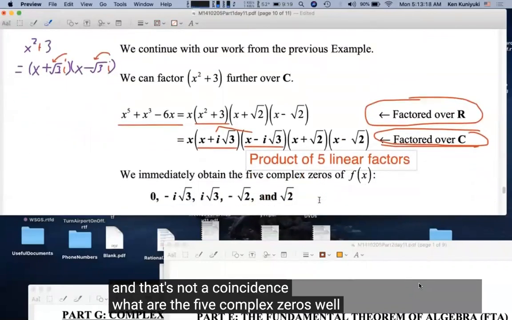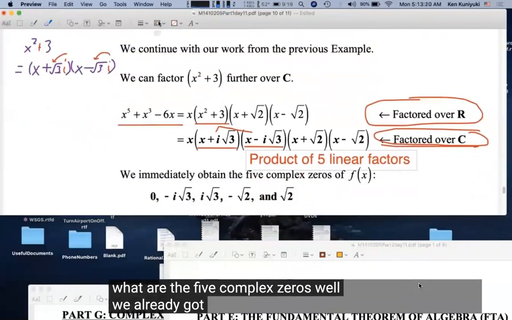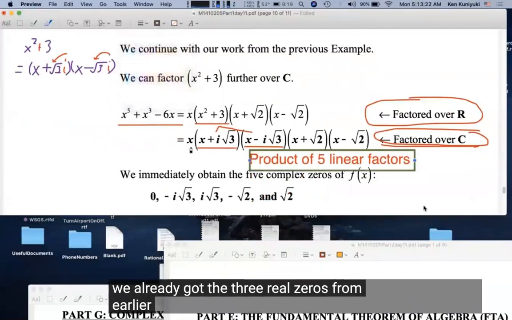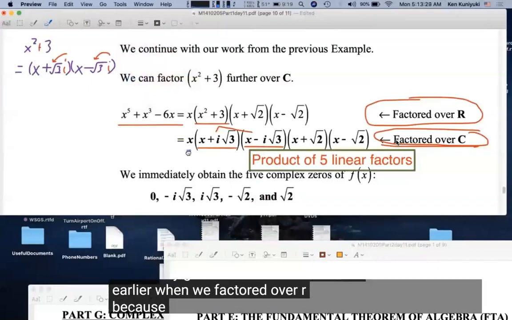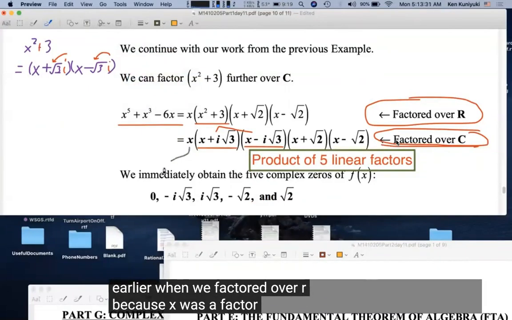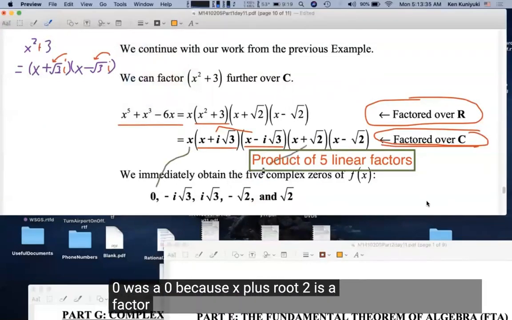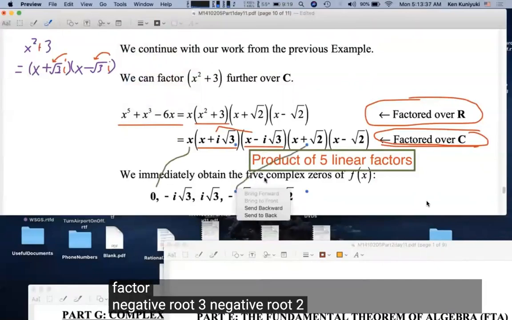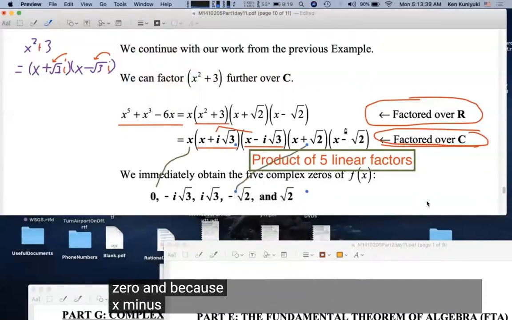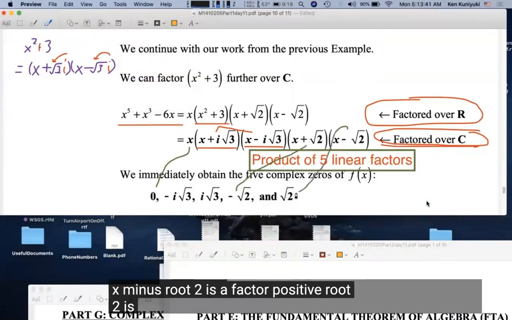Well, we already got the 3 real zeros from earlier when we factored over R. Because x was a factor, 0 was a zero. Because x plus root 2 is a factor, negative root 2 is a zero. And because x minus root 2 is a factor, positive root 2 is a zero.